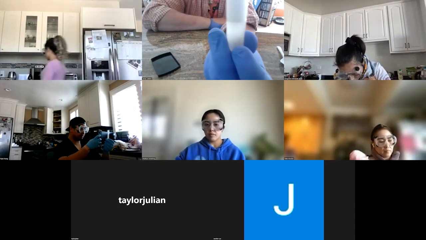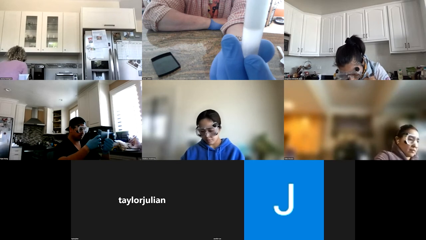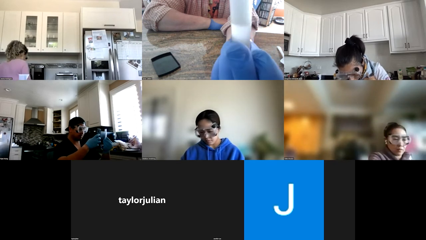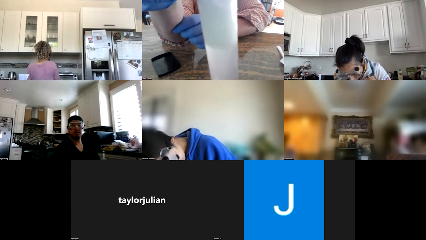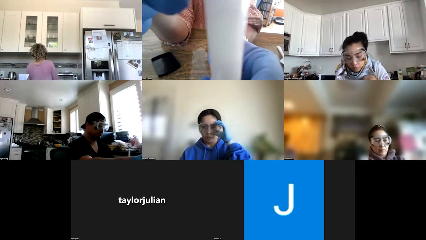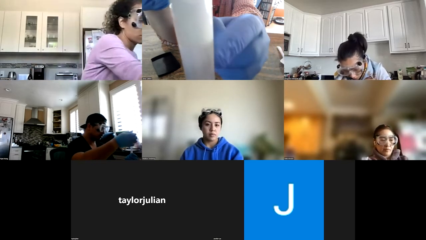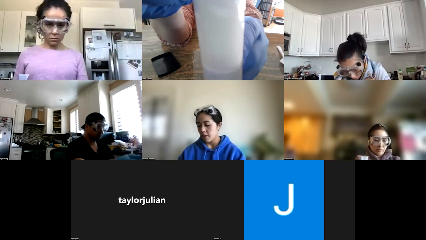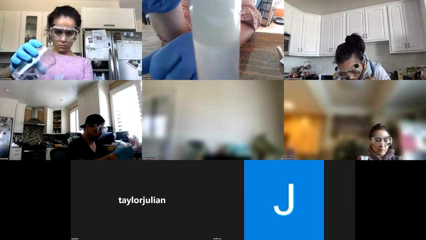Let it separate. Oh, and if you look really closely, this is all white bubbles up here. And then down here is soap solution, but you can see in between, there's a layer of oil.